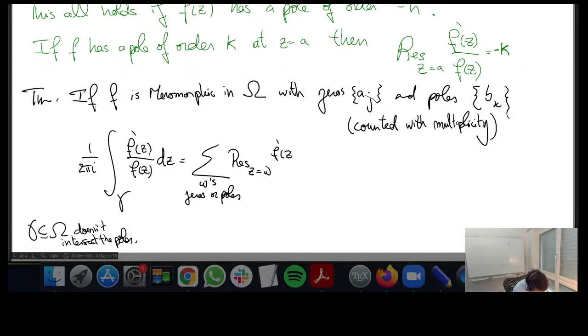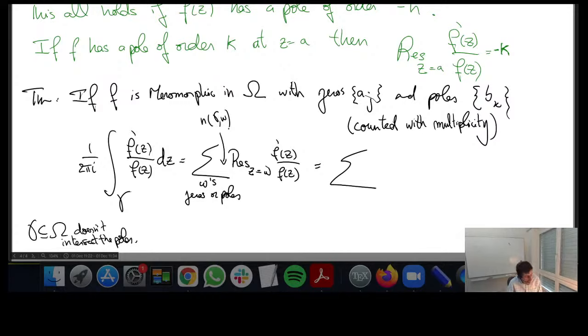I mean, the notation isn't so good here, but it'll become better in the next equality. But what is this? Well, if something is a zero, then the residue will show up as being the order of that zero. Because the zeros are counted with multiplicity, I need, of course, the winding numbers.